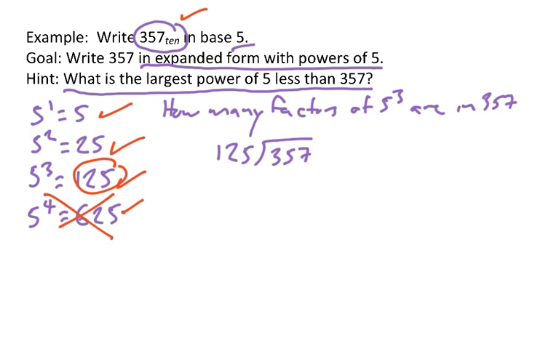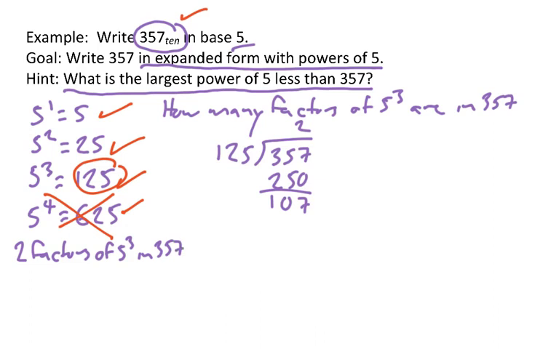We have to do that the old-fashioned way, by long division, so that we can see how many times that goes into 357 and what would be left. 125 goes into 357 2 times, and 2 times 125 is 250. We subtract and get 107, and that tells me that there are 2 factors of 5 cubed in 357.